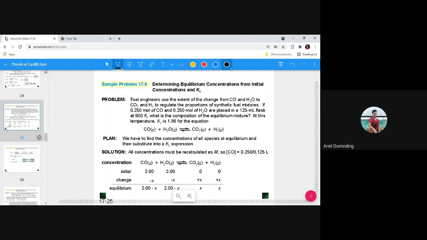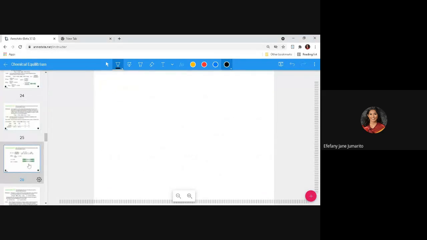Temperature, mass, concentration. In chemical kinetics, the temperature, the pressure, the volume, the mass, the catalyst are factors that will increase or decrease the rate of reaction.